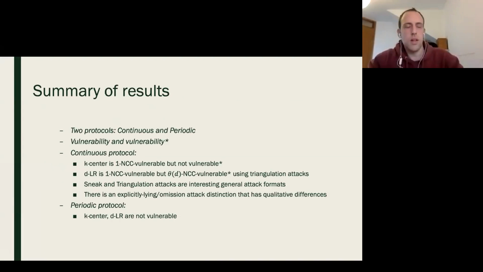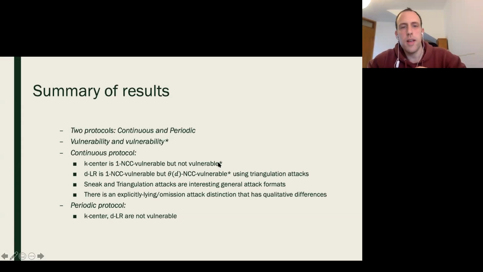So to summarize, we looked at the two protocols for long-term communication. We define what is a weak vulnerability and a strong vulnerability, and we show the results for the continuous protocol: K-center and linear regression are one-update vulnerable, in the sense that it's enough to have one update to satisfy vulnerability.